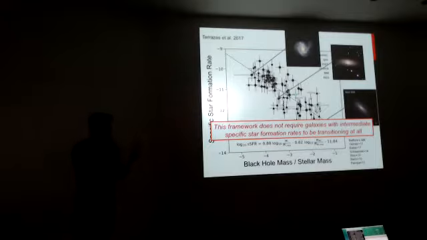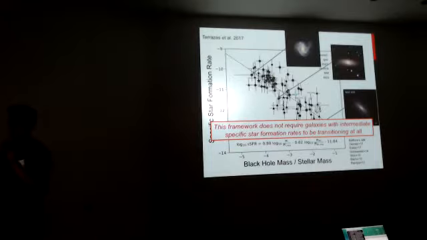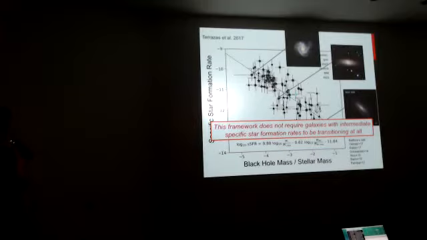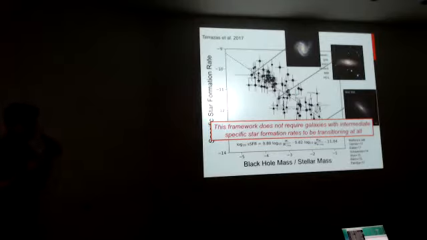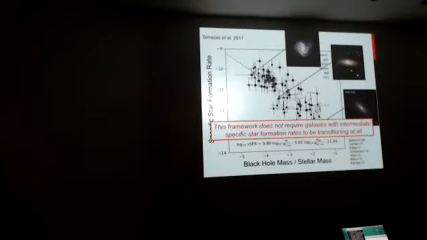For example, Belfiore's talk earlier today was talking about different timescales. Pandya also was talking about it, Barro, Wu, etc. And so I urge people to think about whether they're assuming that these galaxies are transitioning, or whether they actually know that they are, and how we can measure that. More research needs to go into actually figuring this out.